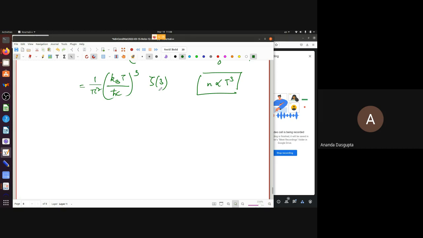Yes? Suppose I lower the temperature, then T cubed decreases, right? So N becomes less. So you had more photons, suddenly the number of photons has gone down. Why is that not a problem? So here we do not have any constant like earlier.